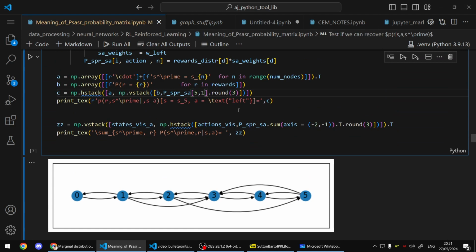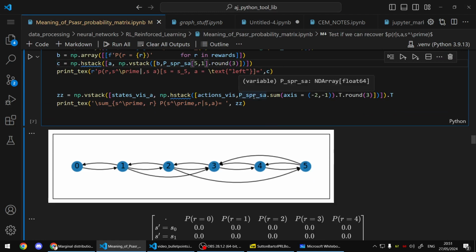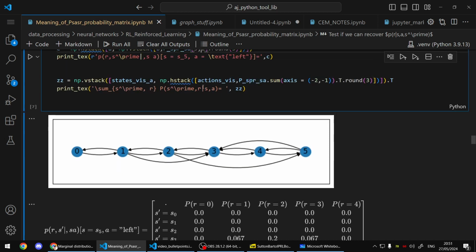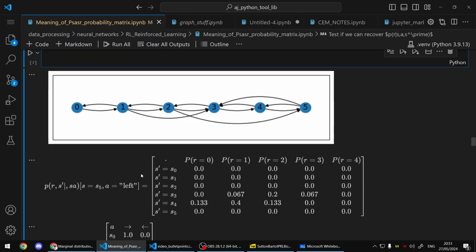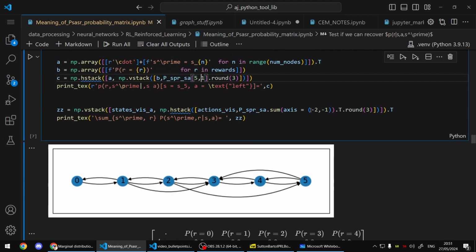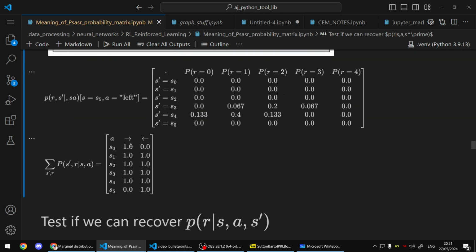In fact, I can marginalize over the last two entries, which are S prime and R. In this case, with matrices, I just do a summation over the second to last and last axis, and of course I get total probabilities.